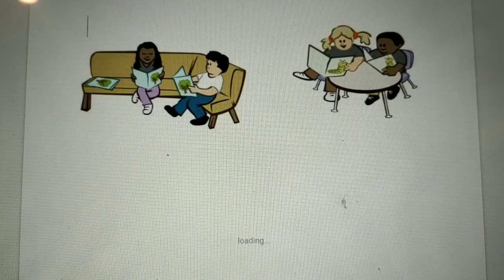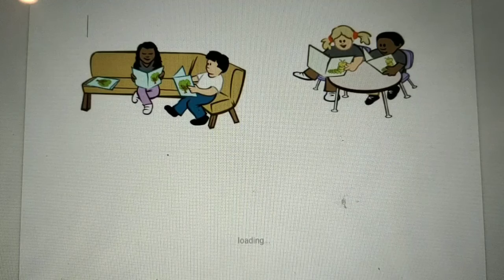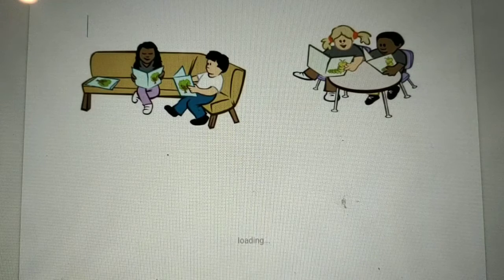Okay, now let's do this math story. There are 3 copies of Chicka Chicka Boom Boom, while there are 2 copies of The Hungry Caterpillar. How many copies of Chicka Chicka Boom Boom are there? 3. Very nice. Go ahead, draw 3 books on your paper.